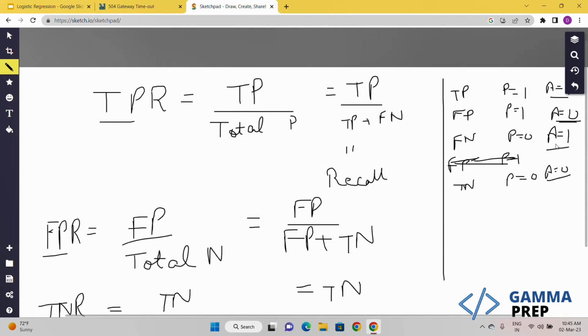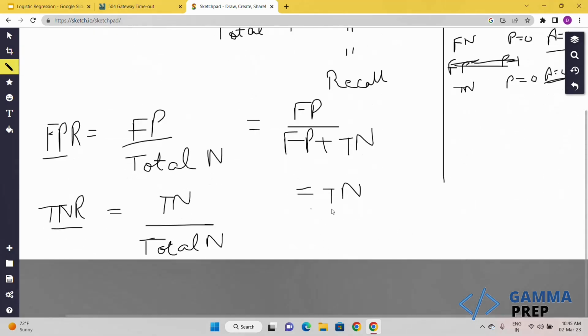Actual should be 0, that is FP and TN. So out of all the total negatives, how many your model was able to identify correctly as negatives? Again, this should be high. And this TNR is actually your specificity.